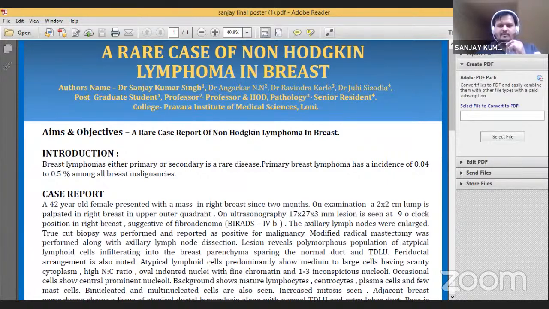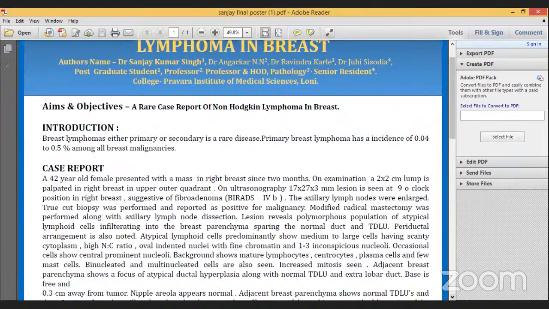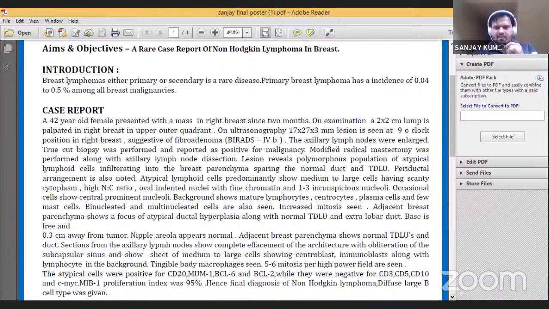Lesions reveal a polymorphous population of atypical lymphoid cells infiltrating into the breast parenchyma, sparing the normal duct and terminal duct lobular unit. Ductal arrangement is also noted. Atypical lymphoid cells predominantly show medium to large cells having scanty cytoplasm, high N/C ratio, oval indented nuclei with fine chromatin.